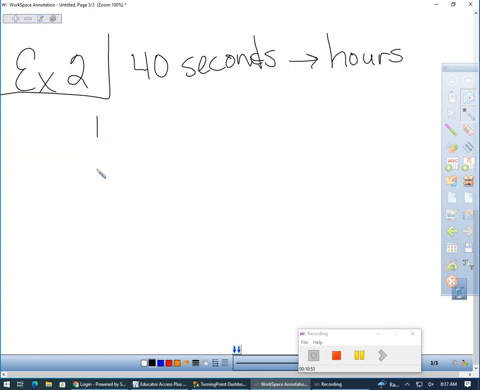All right, so I'm going to draw my ladder here. 40 seconds goes in my first box. That's my given information. So I have 40 seconds on top.